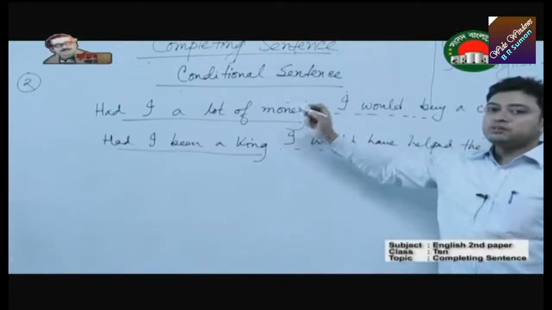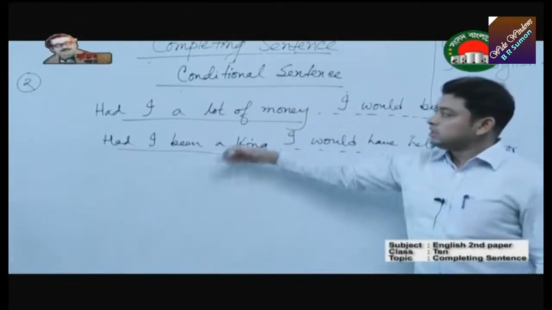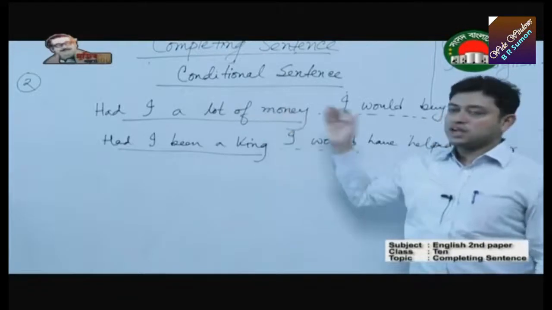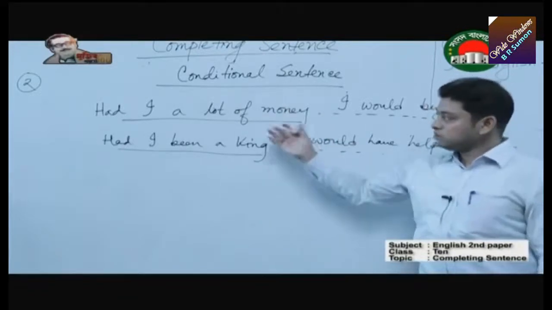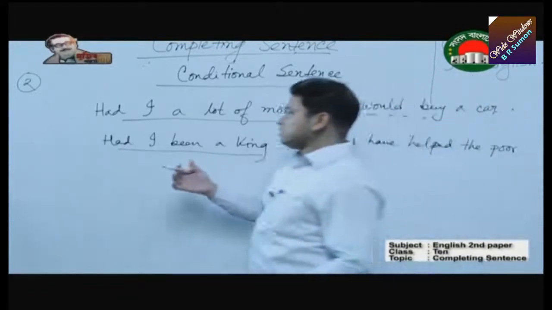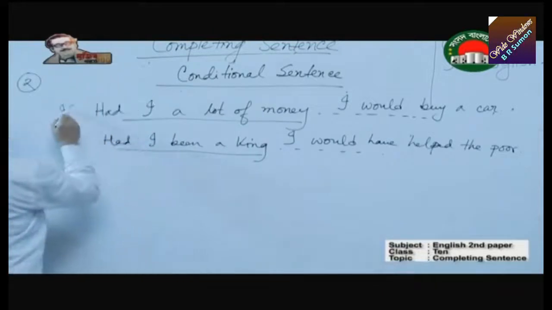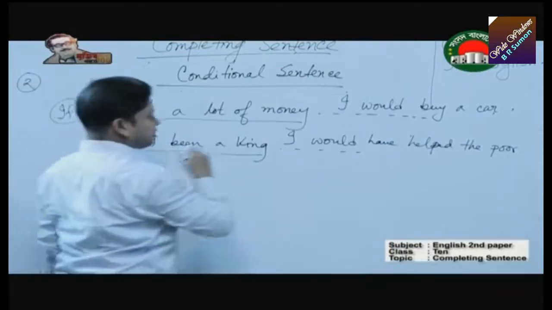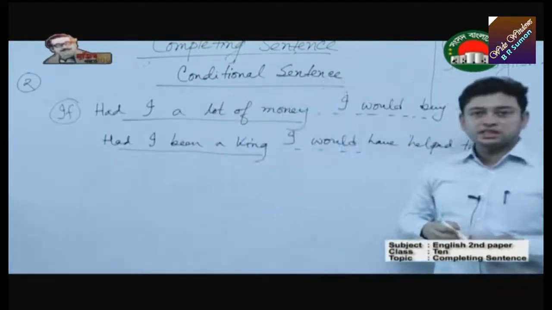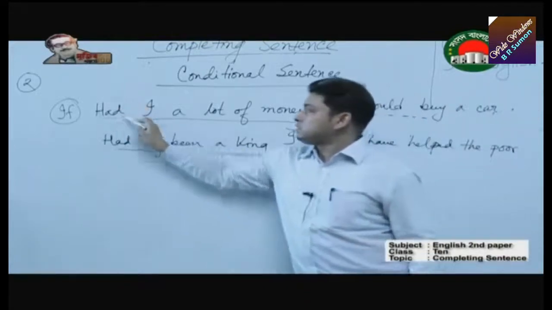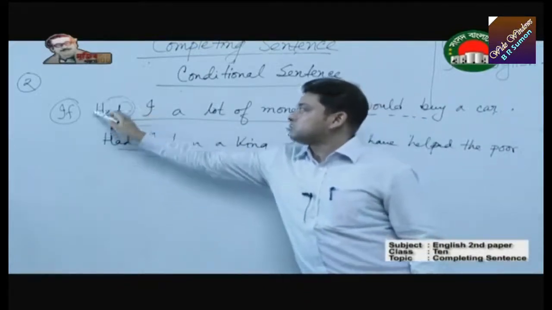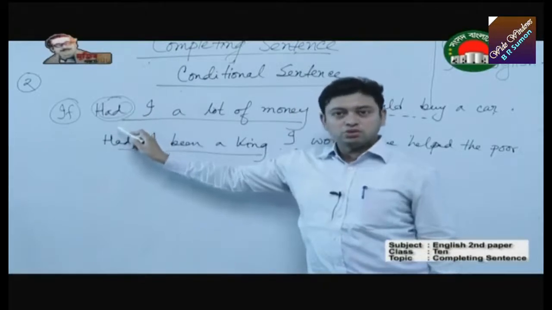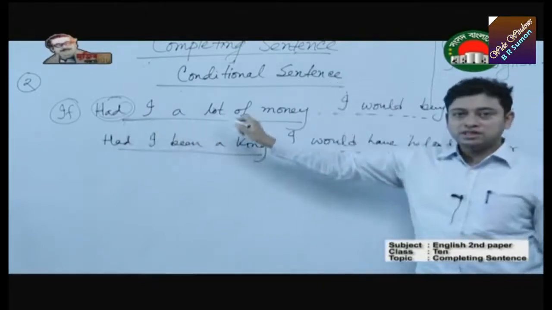See, very relevant to the previous one. It seems that this is conditional. Yes, it's a kind of conditional also. And follow this. Remember, maybe you guess, maybe there is if. What would happen? The first clause is following past indefinite tense. Had is the base form. Maybe it is not the base form actually. Here it is the past form, I mean the V2. So the first clause is past indefinite tense.